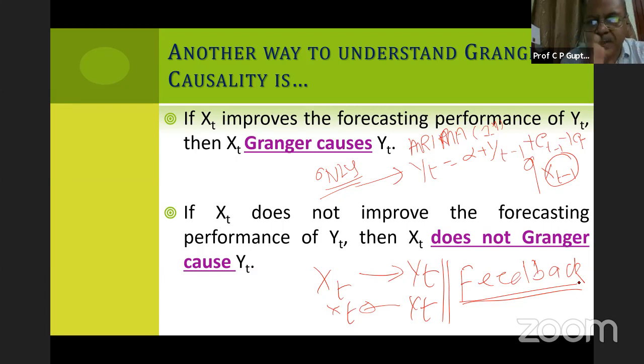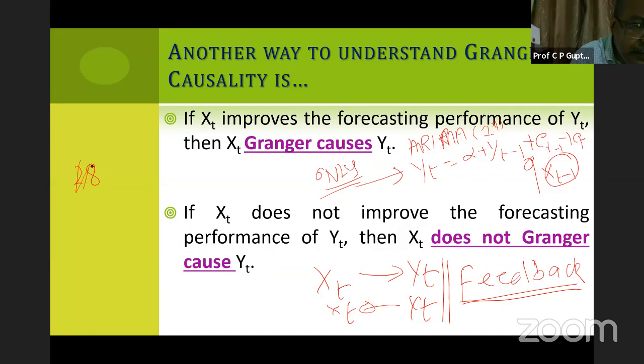I'm taking two questions, one by Vinay Singhal and another by Ankita Akalia. Vijay is asking for a practical example.